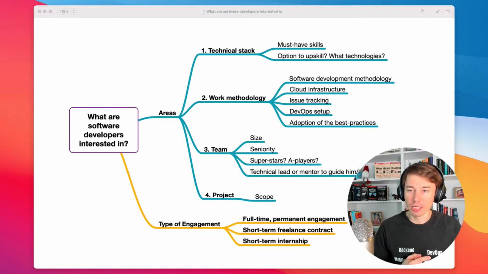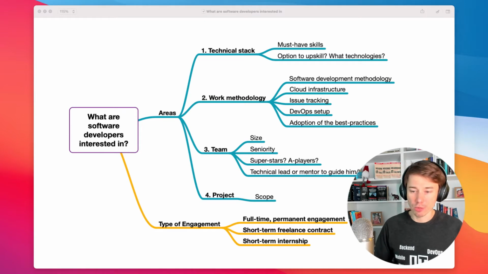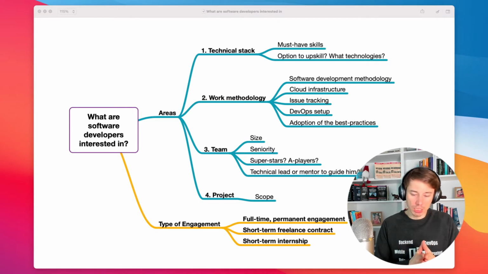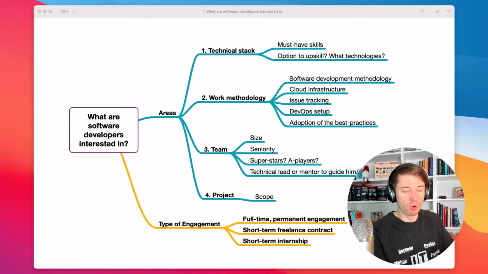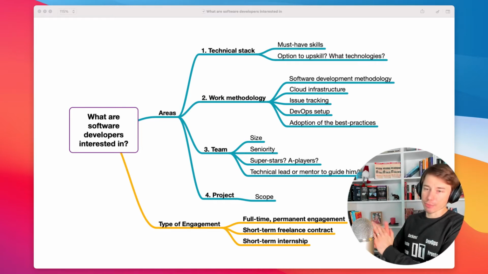So the second thing was the work methodology. When I was the CTO, software developers and IT professionals asked me frequently if we have adopted some of the best practices they were reading on blog posts or in some magazines. So they want to see what is trending right now or has been trending recently, if it is already being used in the company.